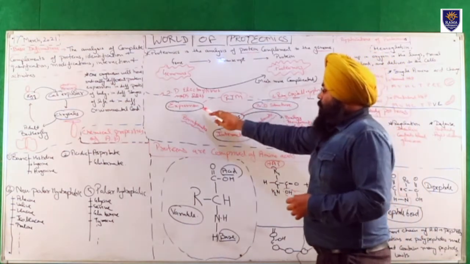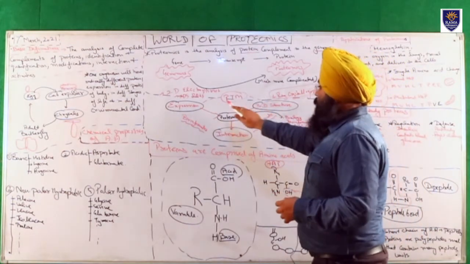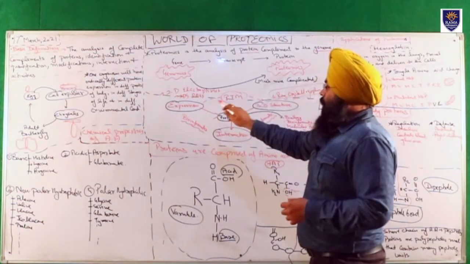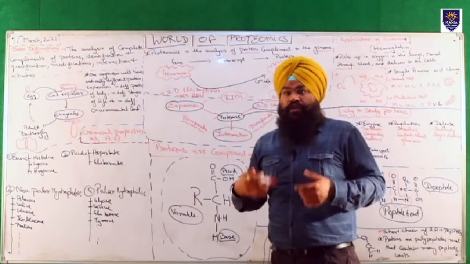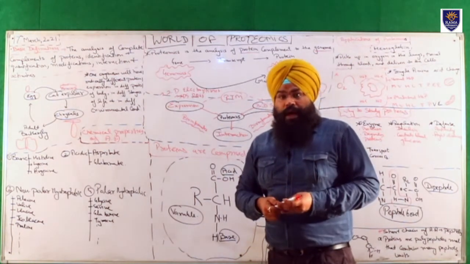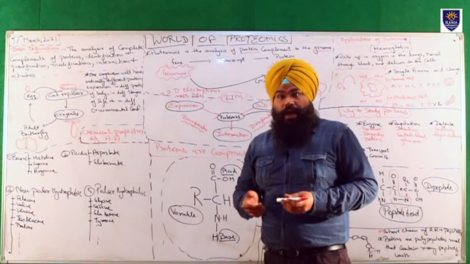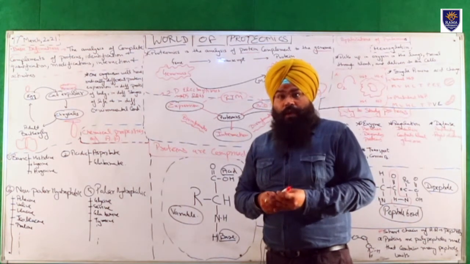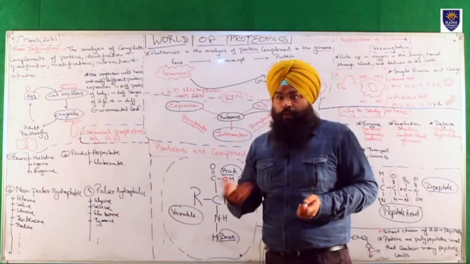So these expressions of proteins and 3D structures are interlinked with their post-translational modifications. In these proteins, some changes could happen, like disulfide formation, acetylation, methylation, glycosylation. All these things are possible at the post-translational level.